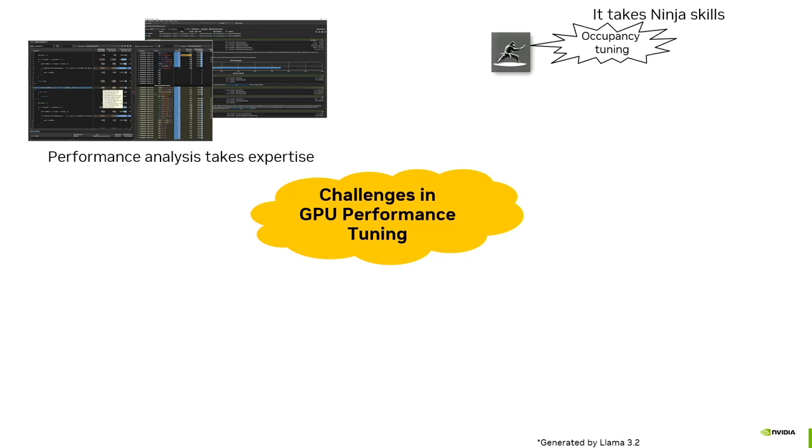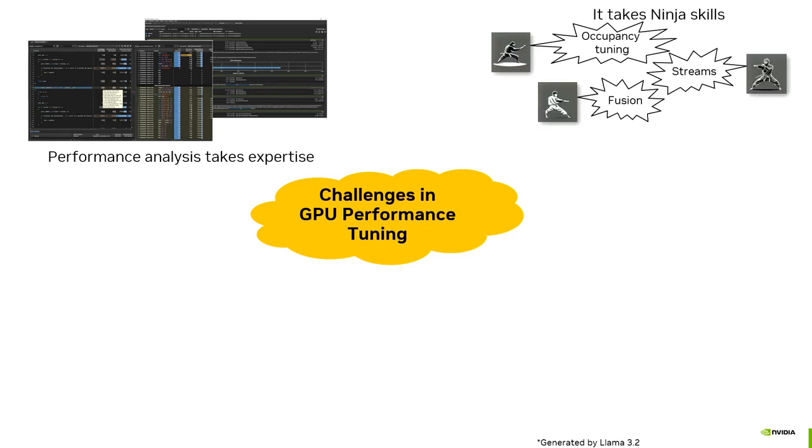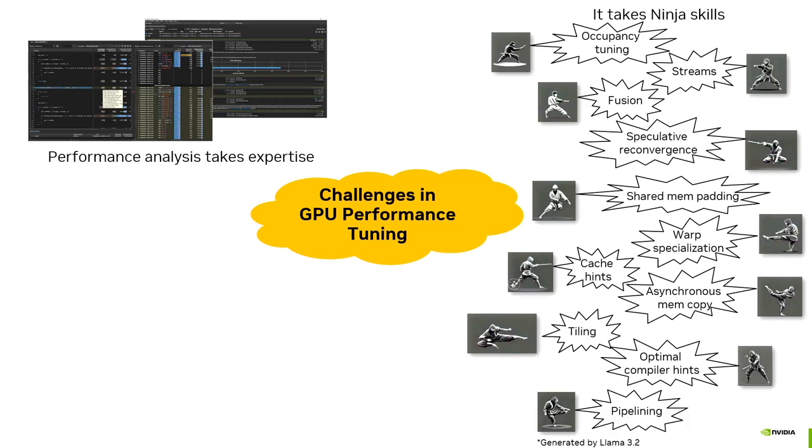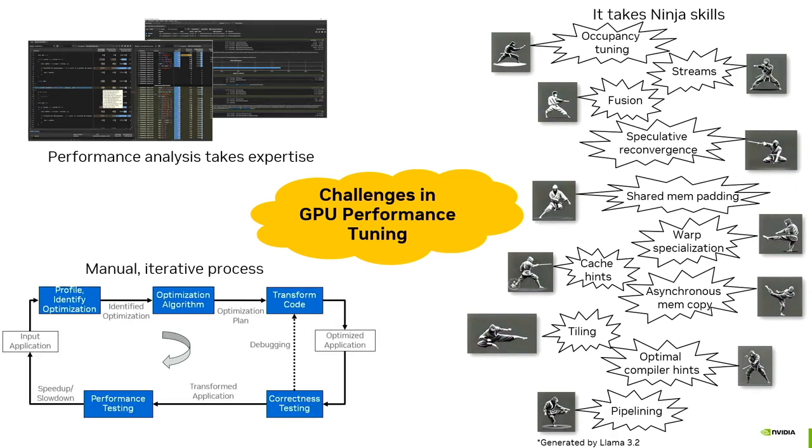They may have to tune for occupancy to get better use of the resources. They may have to use concurrency using streams, fusion to get better performance, speculative reconvergence to perhaps reduce divergence in their programs, better shared memory padding to perhaps address bank conflicts. And this is a small list of what we think it is. And this can be a manual process, so people have to spend some time to improve their code.